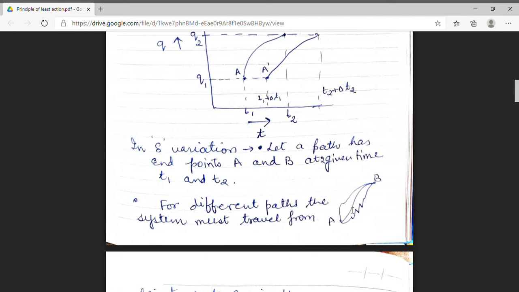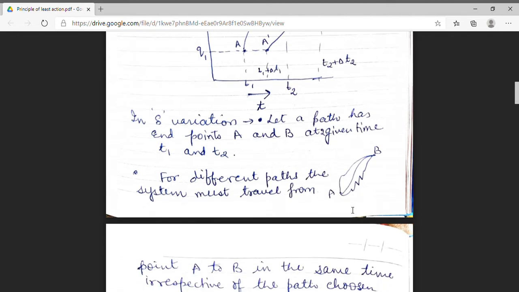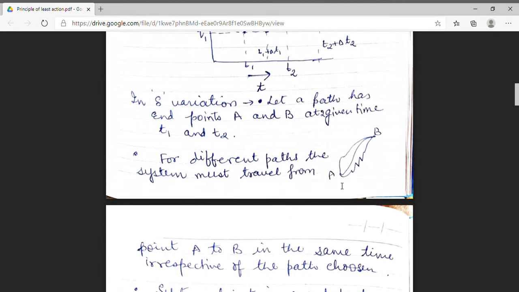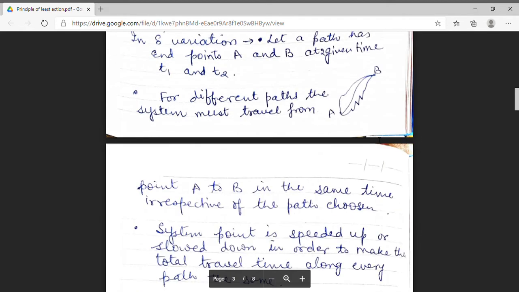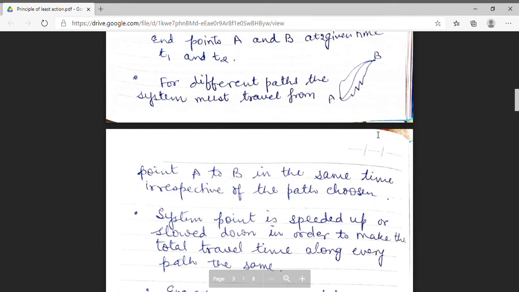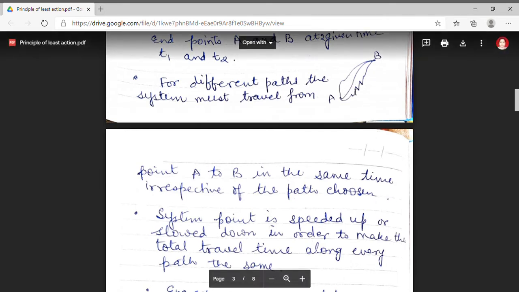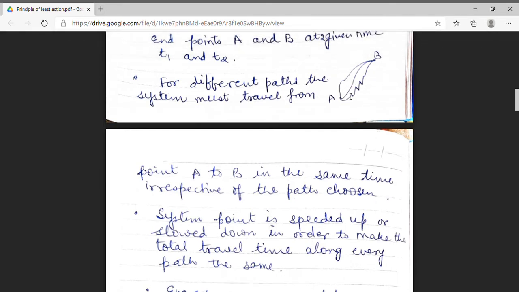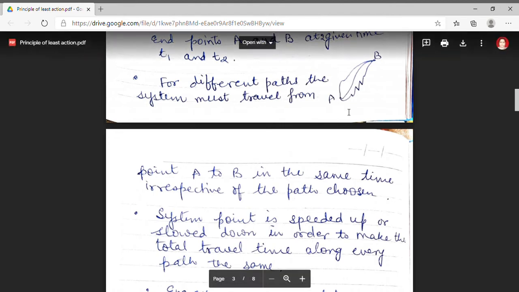For these different paths, in this variation, the time of travel from endpoint A to another endpoint B must be the same. That means the time factor does not depend on the path which we are choosing. That means we have to speed up or slow down in order to make the total time of travel along every path the same.